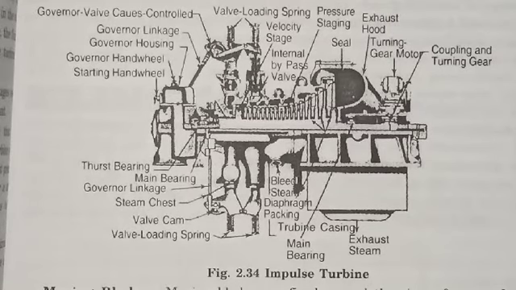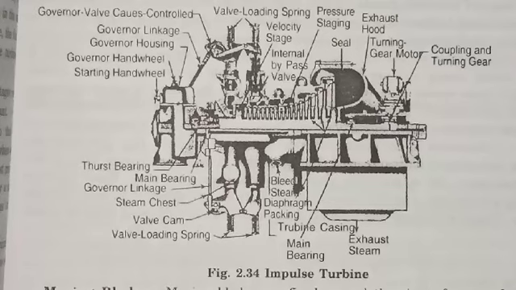Now the jet causes the wheel and the shaft to rotate, and thus useful work is made available at the shaft. When we couple the turbine shaft to the generator shaft, we have power, electricity.